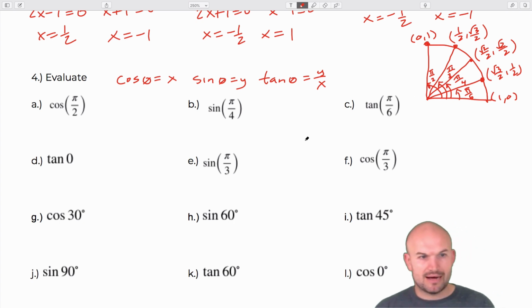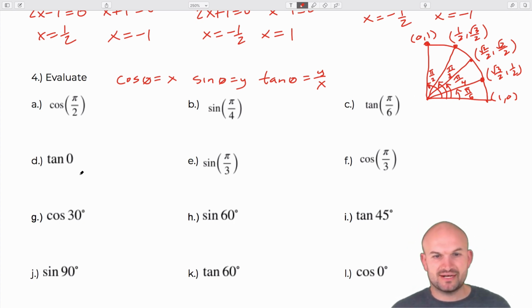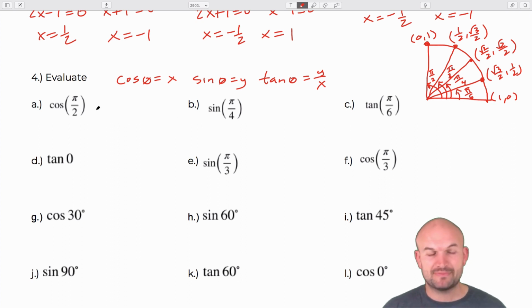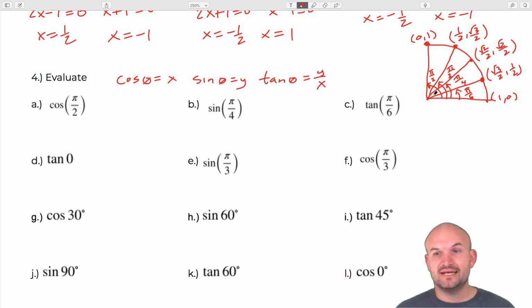Okay, so I'm not going to rewrite those all, because I just want to get through these answers as simply as possible. When we get to this chapter, we want to know the cosine of pi halves is the x-coordinate at pi halves, which is just 0. The sine of pi over 4 is the y-coordinate for pi over 4, which is square root of 2 over 2.